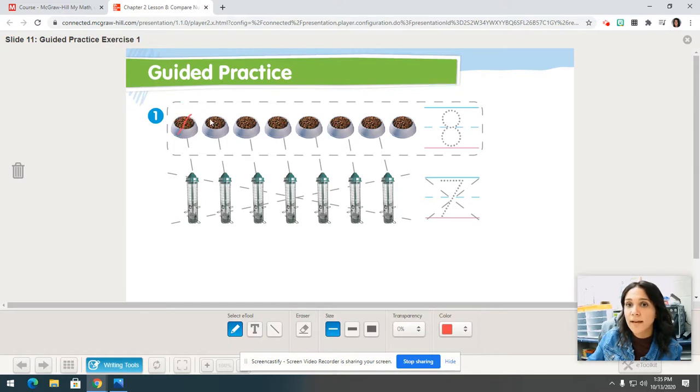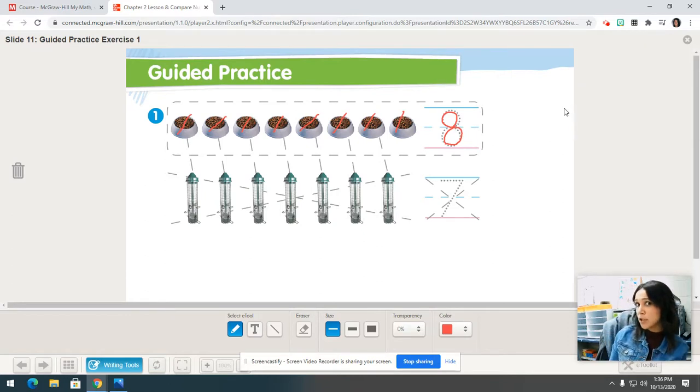Ready? 1, 2, 3, 4, 5, 6, 7, 8. Good. We have 8 dog bowls. When we write 8, we say circle on top and circle on bottom. Go ahead and trace the number 8. Circle on top and circle on bottom.